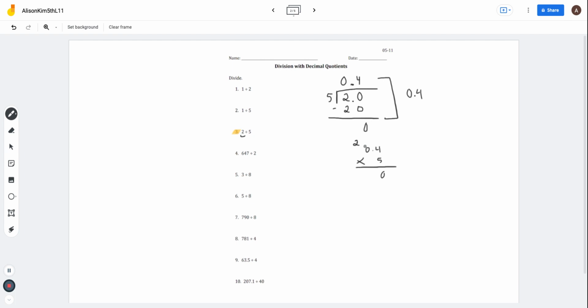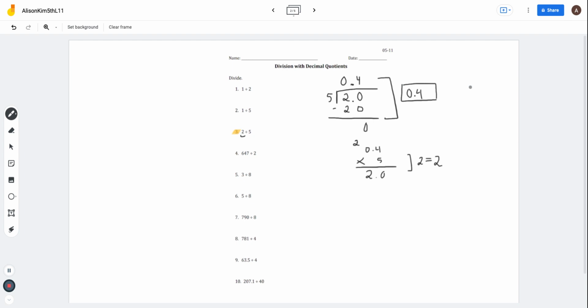And we know that 0 times 5 is 0, and 0 plus 2 is 2, so bring down the 2. There's only one decimal place, so we put one decimal place. And we see that we get 2, and 2 is equal to 2. So our final answer for number 3 would be 0.4.